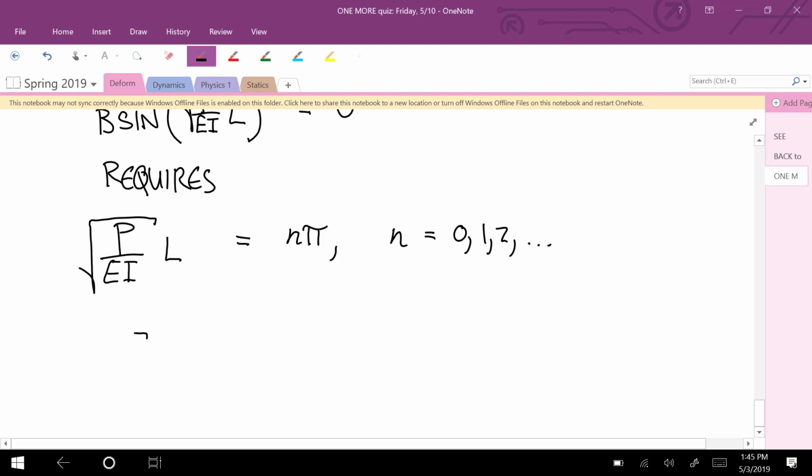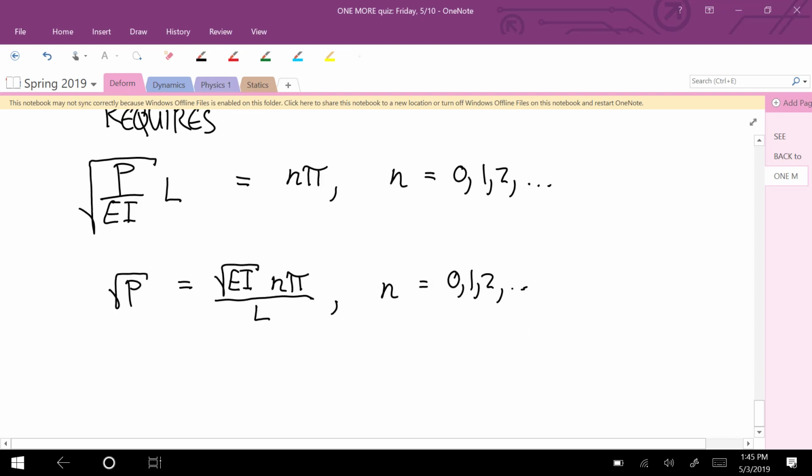So move stuff around a little bit, you get square root of P is equal to square root of EI times N times pi divided by L for N equals 0, 1, 2.